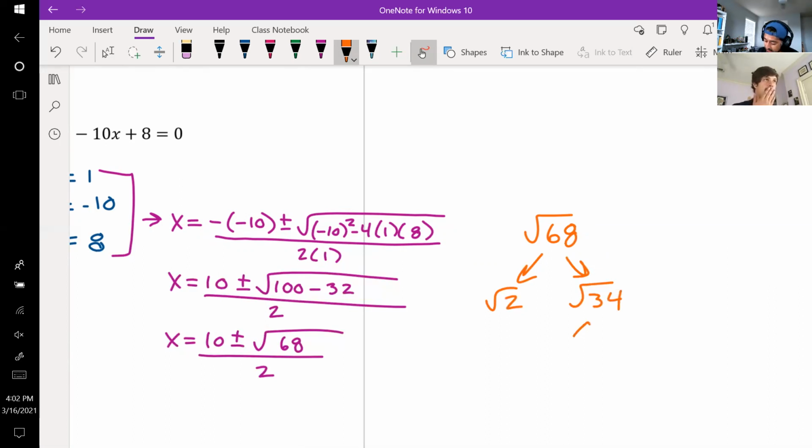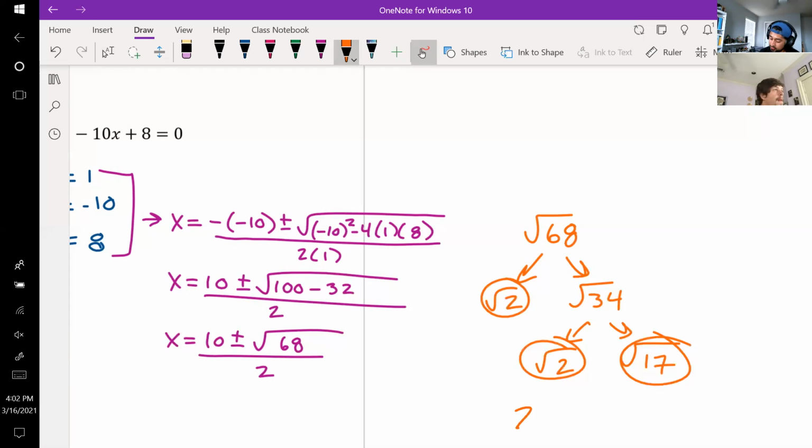Can you break 34 down some more? 17 and 2. Good. So we can't break 17 down anymore, but we know that square root of 2 times the square root of 2 gives me the square root of 4, or just 2.